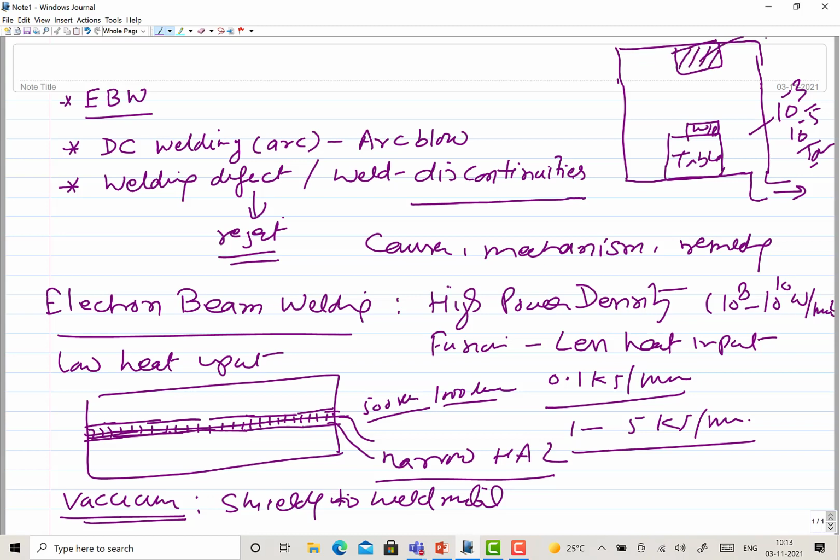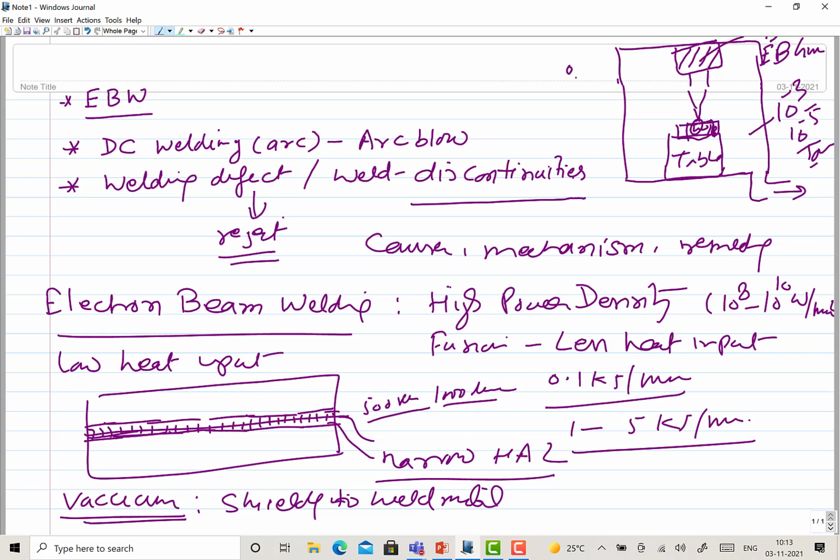You can say this in a simplified form as an electron beam gun, which generates the electron beam. This beam is focused over the surface of the workpiece, where high velocity moving electrons impact the surface, generating heat and facilitating melting, generating the high power density.